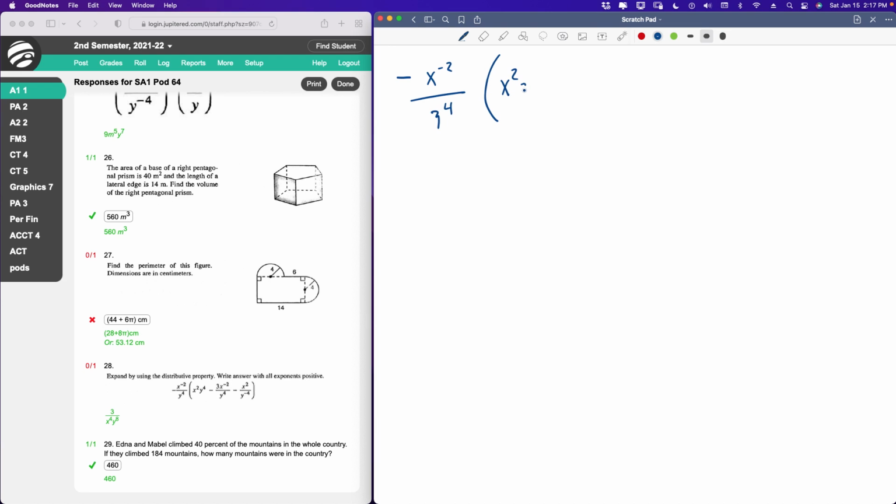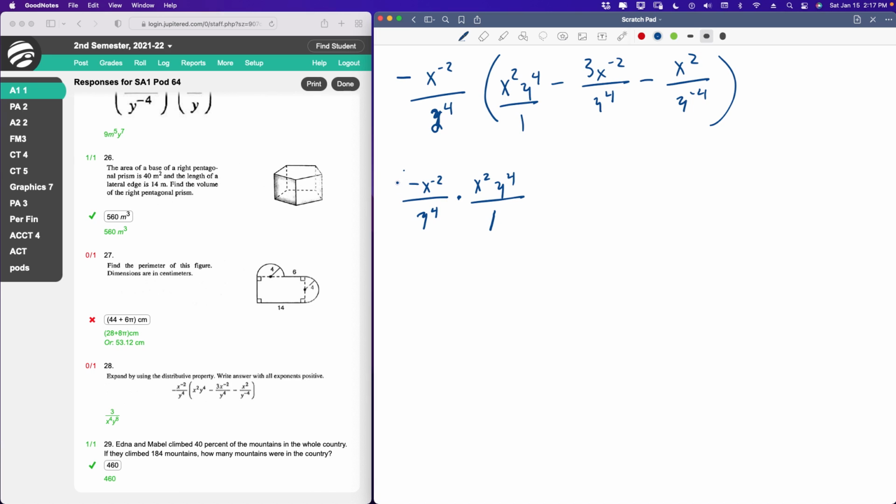And we have x squared y to the 4th minus 3x to the negative 2 over y to the 4th minus x squared over y to the negative 4, right? All we do is we take each term one at a time and we multiply it times this. It's supposed to be a y. So negative x to the negative 2 over y to the 4 times, we turn this into a fraction by putting it over 1, x squared y to the 4th over 1.